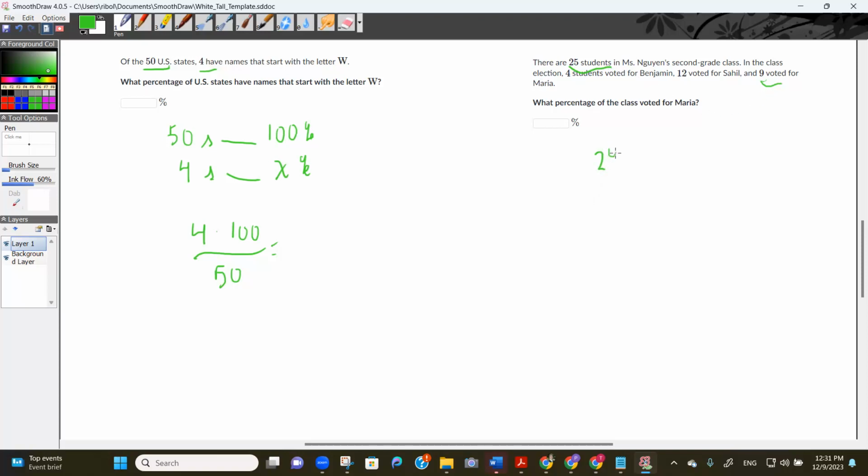So we have, again, 25 votes, because everyone voted. That is going to represent 100%. And what we're trying to find out is the percentage that 9 votes represent. So again, we do 9 times 100 divided by 25.